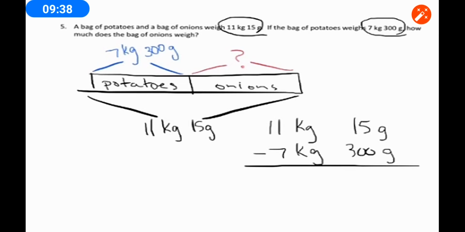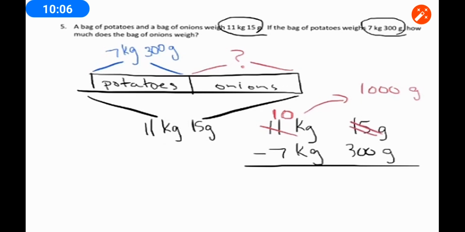Remember, you cannot subtract 300 from 15. You have to borrow 1 from 11 kilograms. You're left with 10. Now, the one you borrowed becomes 1,000 grams because 1 kilogram will give you 1,000 grams.